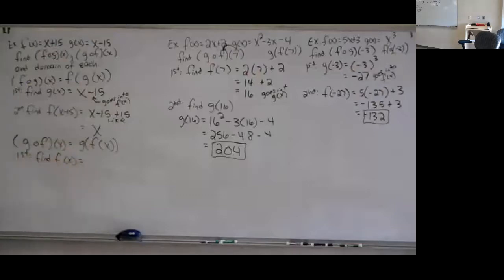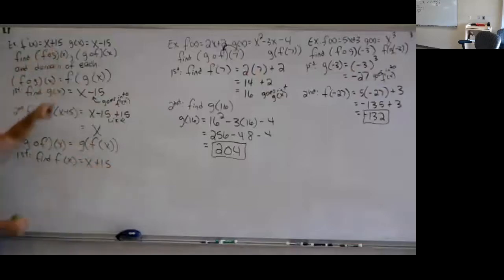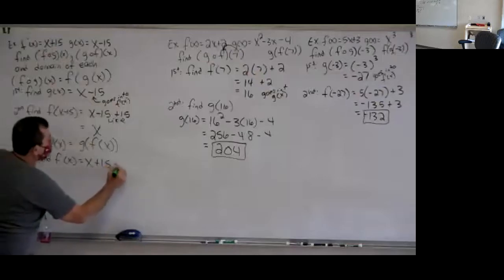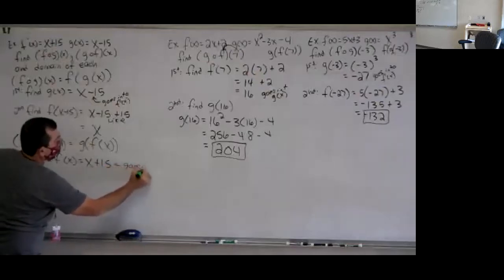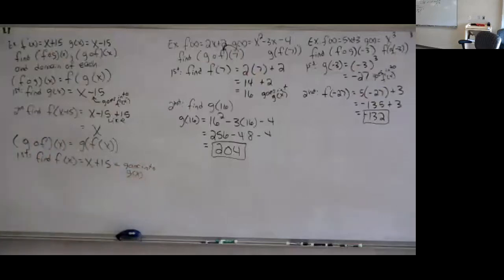Once again, they didn't give me a number to put in there, so I know that f of x has to be x plus 15. There you go. So can we do anything to that x plus 15? No. So remember, this x plus 15 now goes into our g of x.